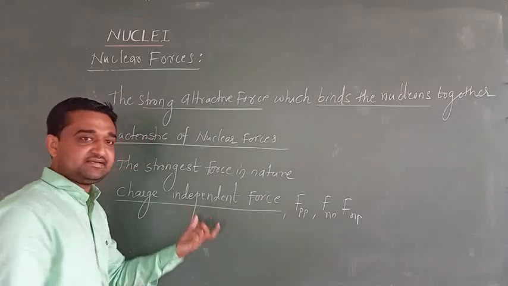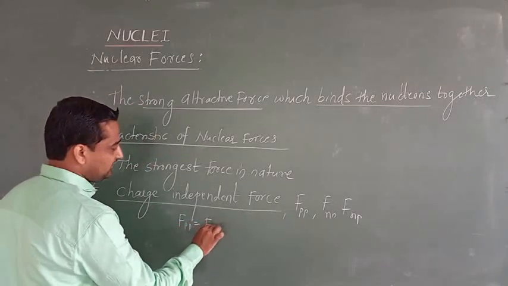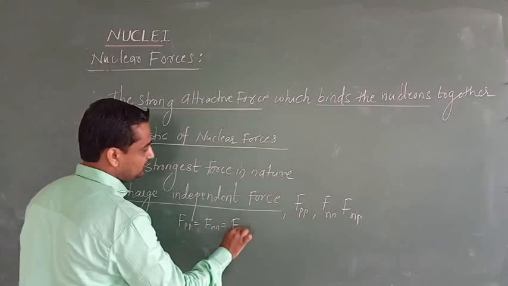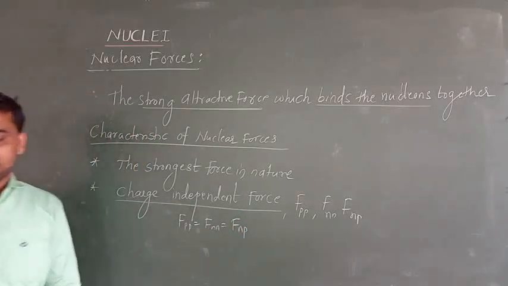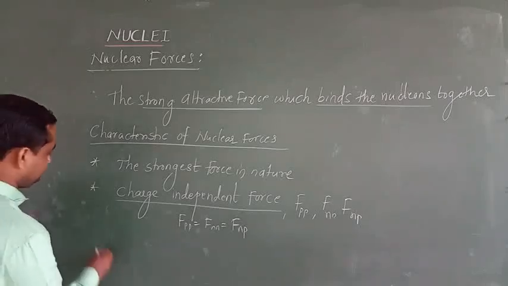Charge independent means Fpp is equal to Fnn and it is equal to Fnp. That is what we are going to write here. The nuclear force is the charge independent force.